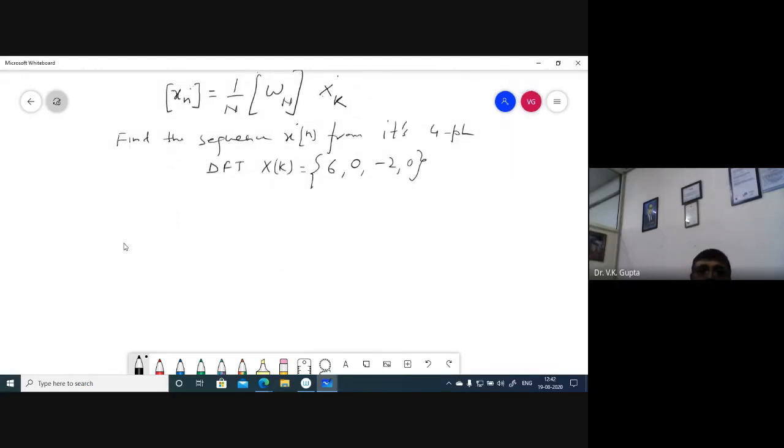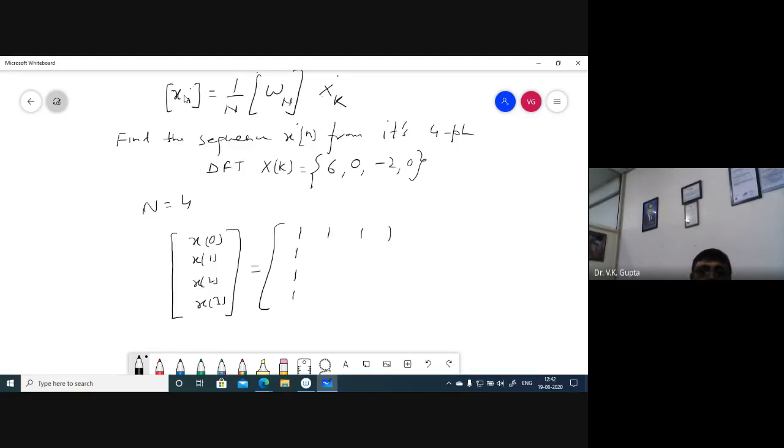For inverse DFT, here we have a 4-point DFT, means capital N is given as 4. So using the matrix method, this input matrix x0, x1, x2, x3, then we have the linear transformation matrix.